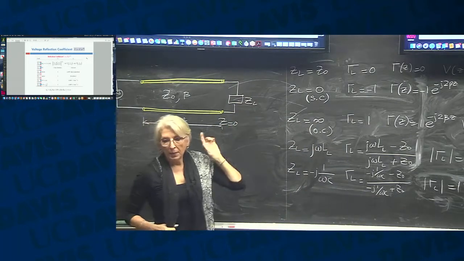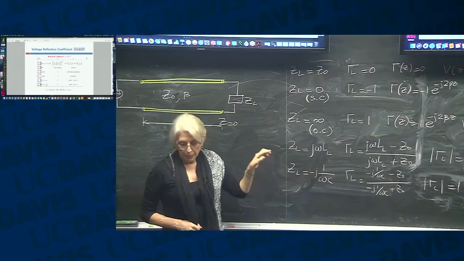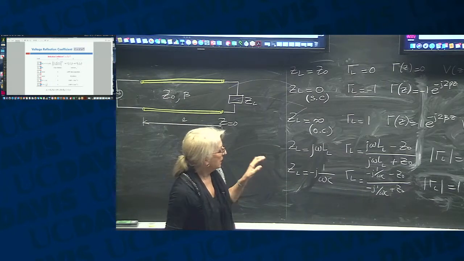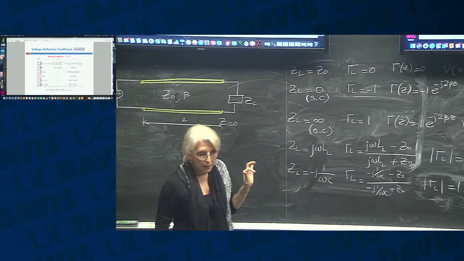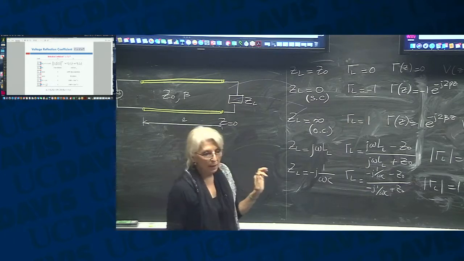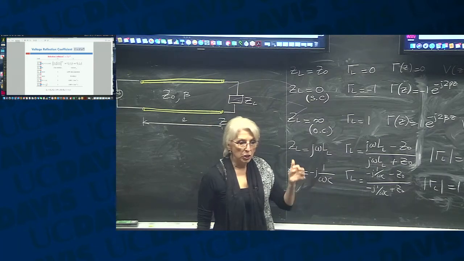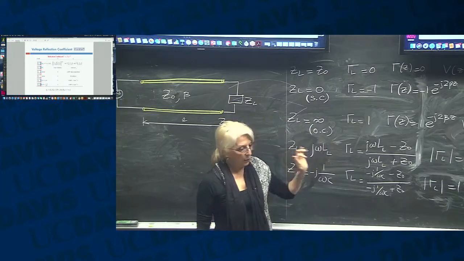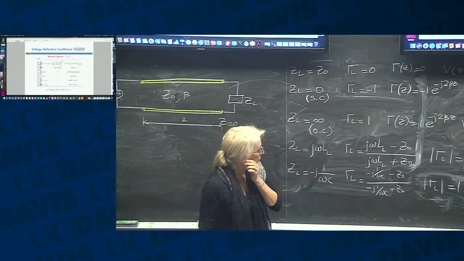So you will never be able to match a transmission line with a load that does not have a real resistor in there, and a resistor that is close enough somehow to 50. Now, it does not have to be 50, you will see, but combining, of course, if it has reactive components.